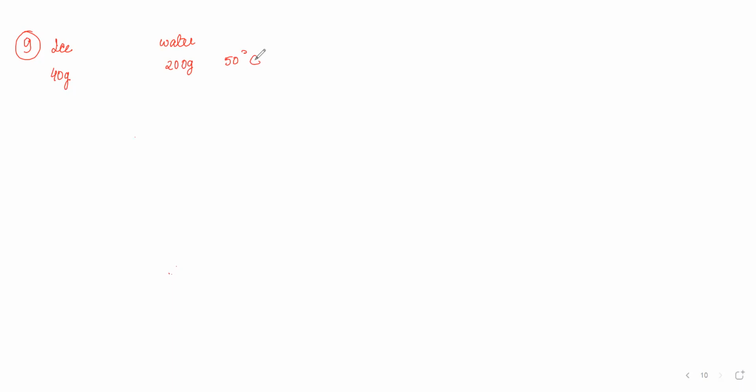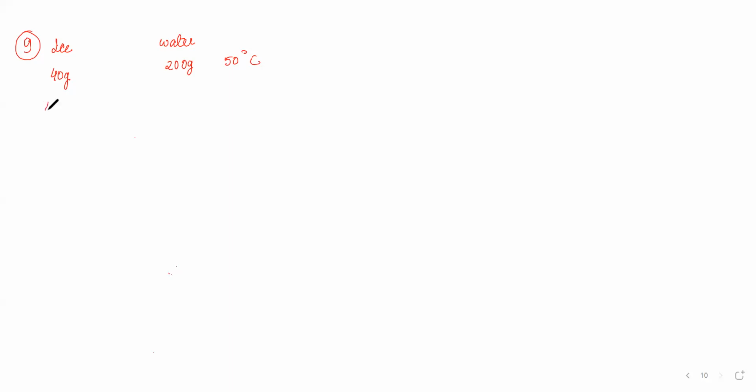Okay, so for that, what you have to calculate first of all, you have to take it to a final temperature. So what is happening for ice, you will be calculating first. So we will be taking a final temperature.